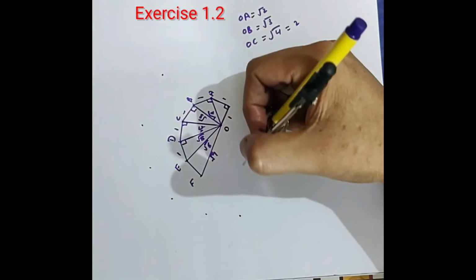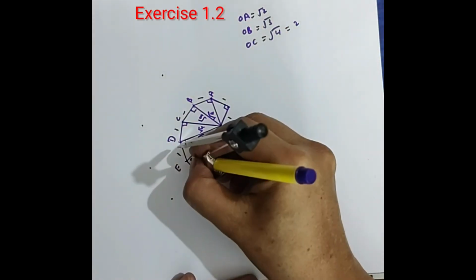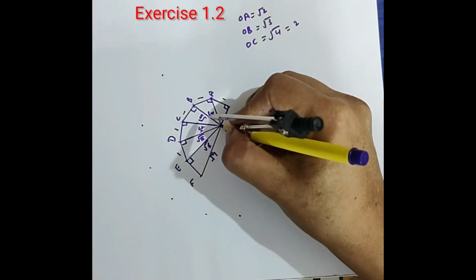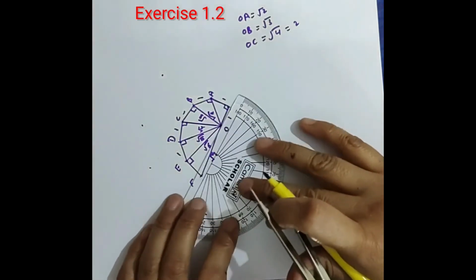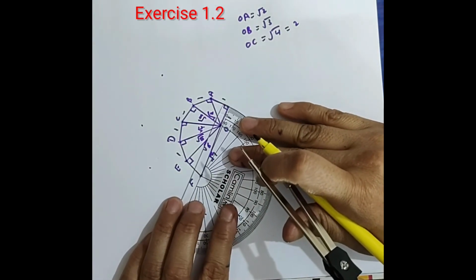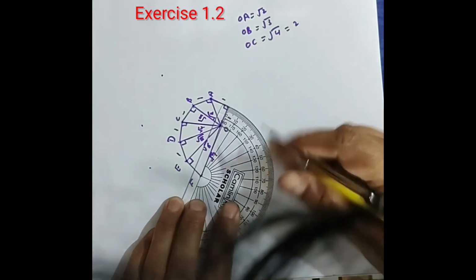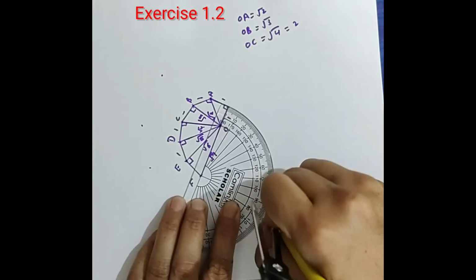You will be able to make a complete circle here. This is also 90-degree. Again, draw a 90-degree angle on OF from F with the help of protractor. This will be straight. This is 90-degree angle.